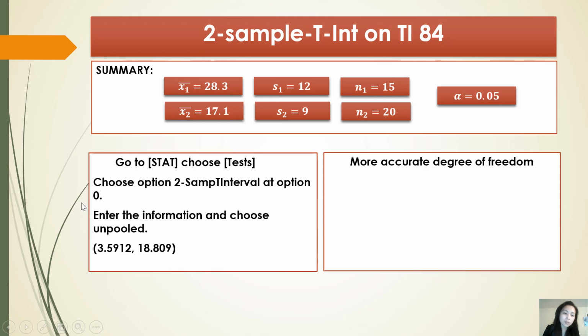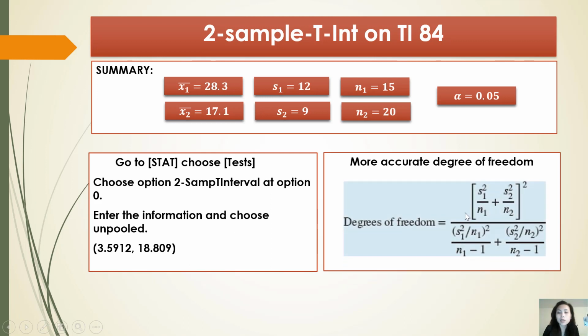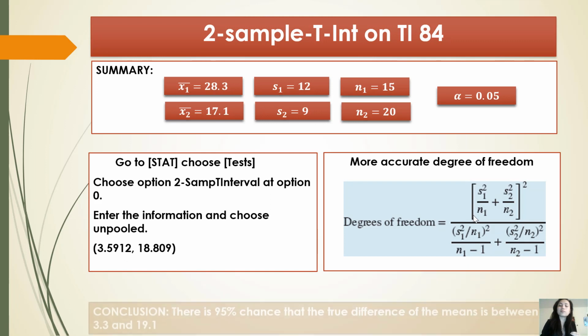From the theoretical method, we got 19.1, but here we have 18.8. The reason is that we have slightly different degrees of freedom. The most accurate degrees of freedom is this formula. However, in practice, we don't need to use this formula, but the calculator still uses this formula to compute the degrees of freedom.